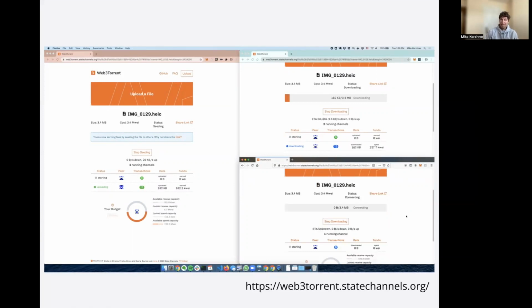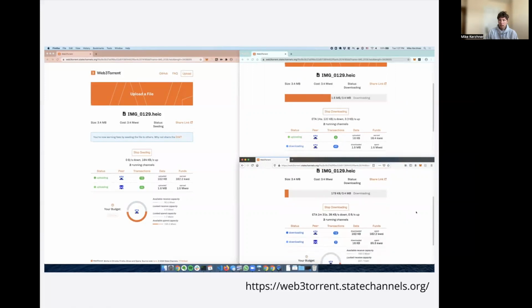You can actually see the interesting case that after the node on the upper right has downloaded some content, it can also start receiving payments for that content. So it is actually also starting to share out that content and get paid for it.